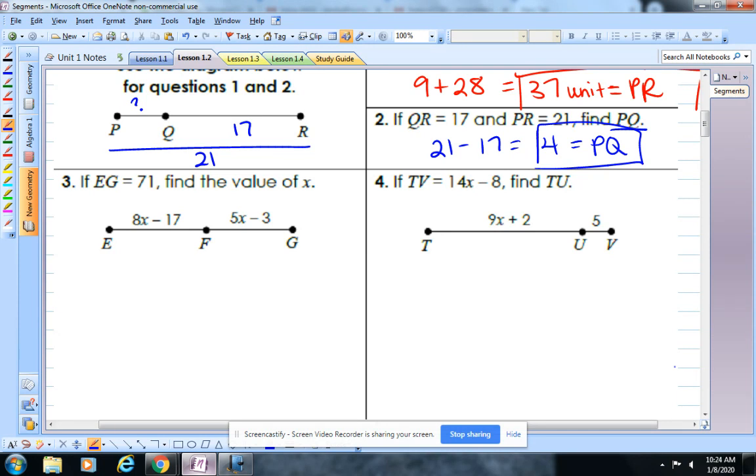But I know together they equal what? 71. So how do you think I can make an equation to solve for X using the segment addition postulate? Little plus little equals big, right? So that's what you do: you set up the little segment, which is 8x minus 17, plus the other little segment, 5x minus 3, equals the length of the longest segment, which is 71. Y'all see that?